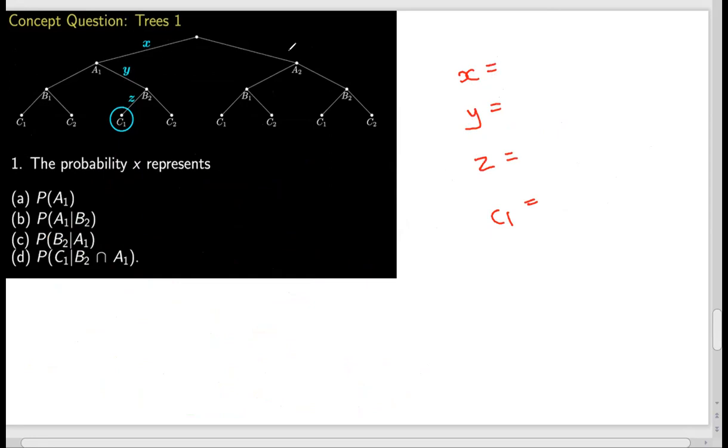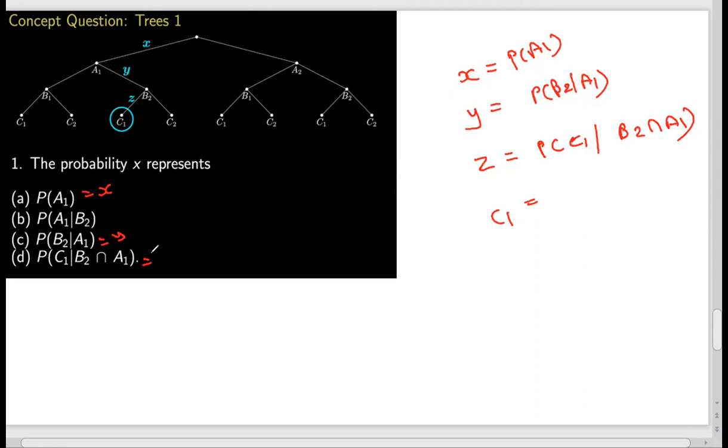So as we know that x represents probability of A1, y represents probability of B2 given A1. Okay, so this is for x, this is for y. Okay, z represents probability of C1 given B2 intersection A1. Yeah, so this is for z.